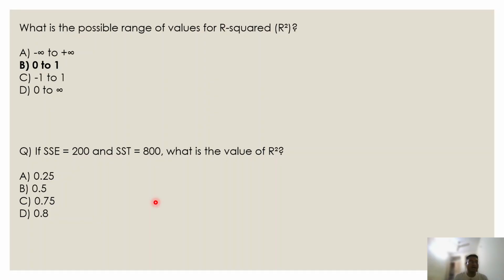Here I'm trying to relate your SSE, SST, all those things with your R square. Let's wait for the others to relate the things. You will find similar terminology in SSE, SST, and all those formulas, so you can just put it there and you will get the answer. It's very simple.